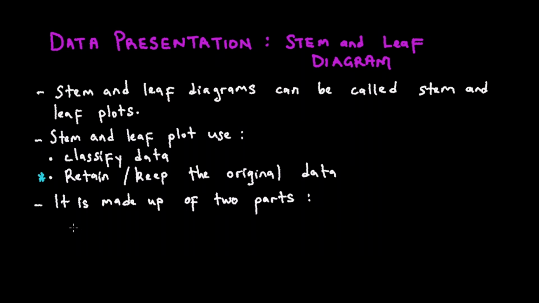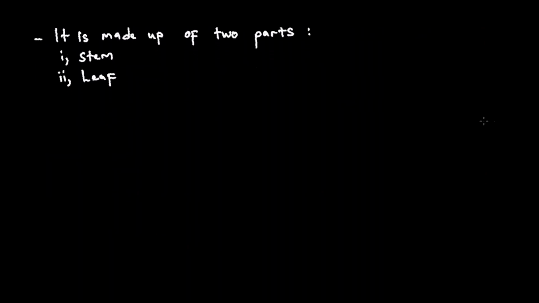What are these two parts? We have a stem, then we also have a leaf. That's why it's called a stem and leaf diagram. So let us add some information on what a stem is and also what a leaf is.